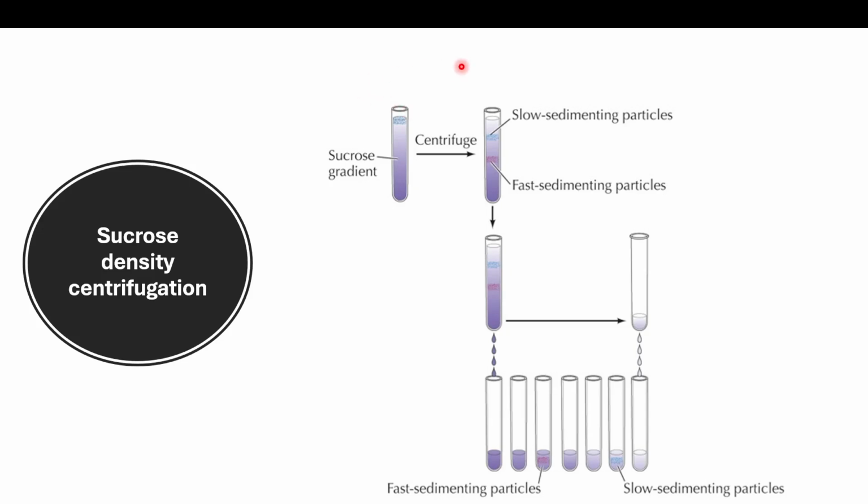So one is denser than the second component. If one is denser than the second component, then it can easily pass through the density gradient and settle at the bottom. It will sink to the bottom as compared to the less dense part, which will float in the upper regions. All right.